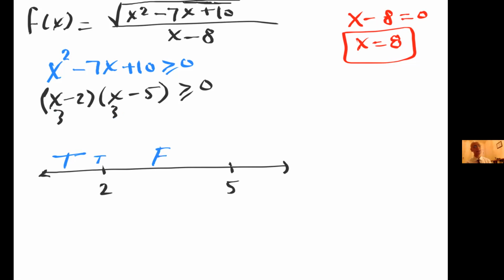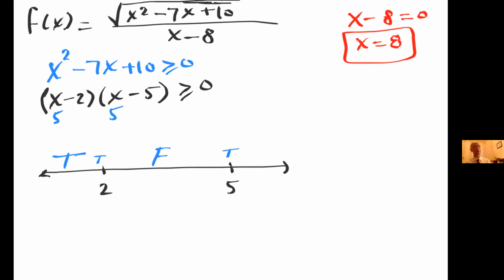I have a false statement in the interval between 2 and 5. How about 5 itself? If I plug in 5 for x, then 5 − 5 is 0, and 0 times anything is 0, and 0 is greater than or equal to 0, so this is true for 5 itself.